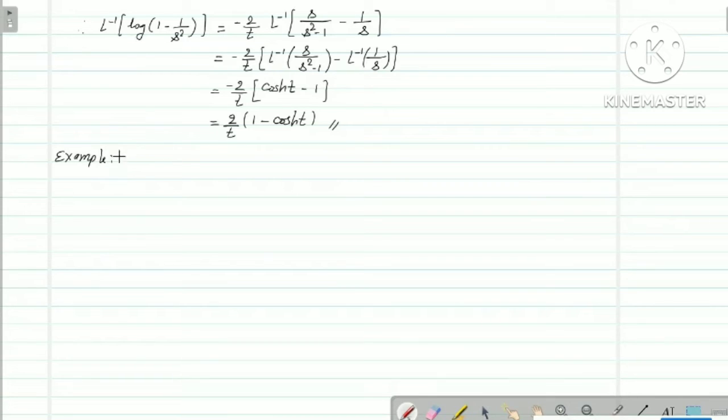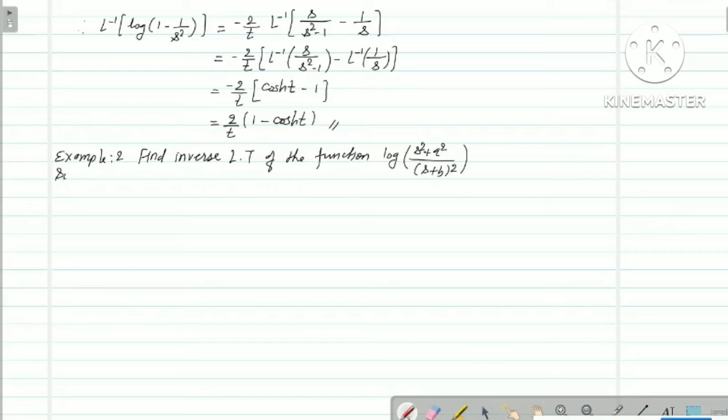Find the inverse Laplace transform of the function which is given to you: log of s square plus a square, divided by s plus b the whole square. This function is given to you. Okay, let us find the inverse Laplace transform of this function.